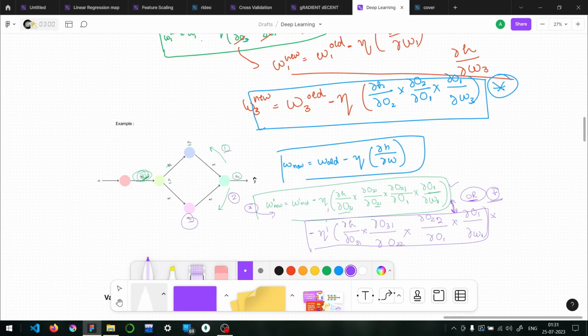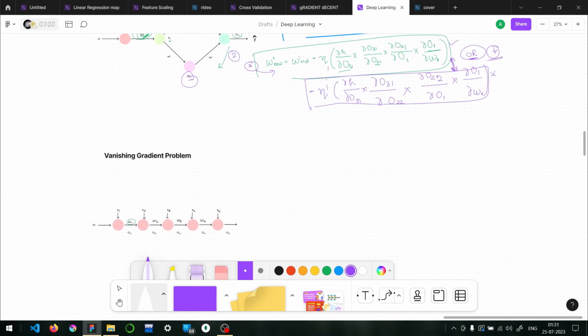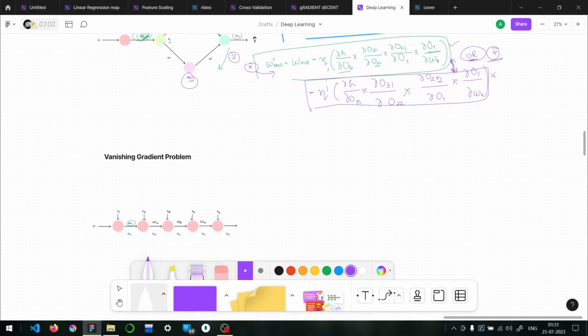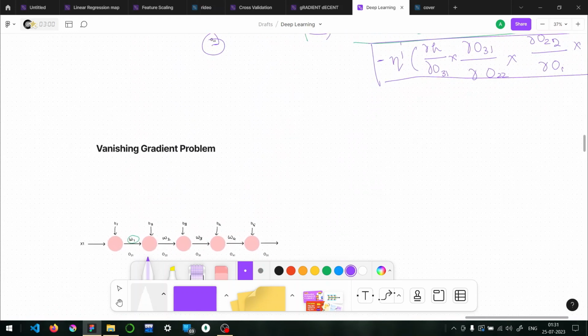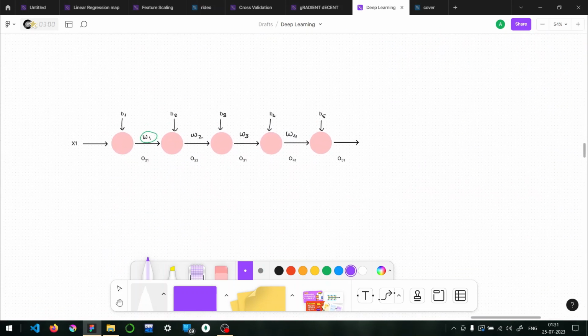Okay. So now we have covered the chain rule of differentiation as well, and let us now further take our discussion on the vanishing gradient problem. Let us consider we are having multiple layers, a multiple layer neural network. So it is our hidden layer 1, hidden layer 2, hidden layer 3, hidden layer 4, and hidden layer 5.